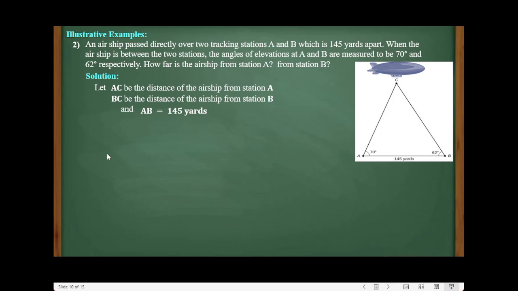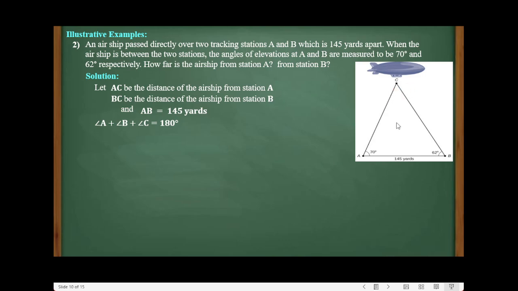Of course, segment AB has a length of 145 yards, which indicates the distance between these two stations, A and B. Why do we have this equation? So at this point, we are trying to find the measure of angle C here.